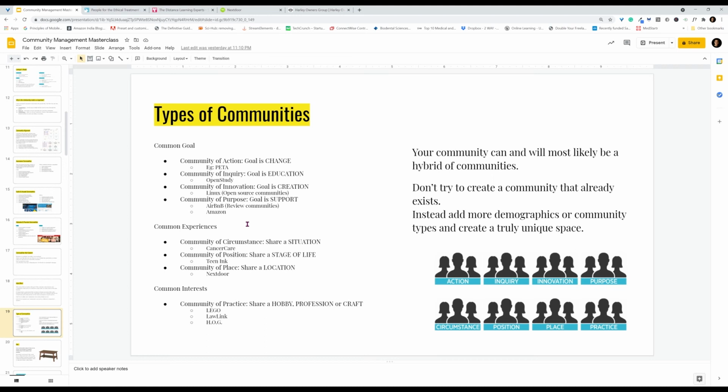Rather, find a niche, find a differentiator, add some more people into it or reduce some people, create something that is truly unique about your community, right? So these are the different types of communities: those based on action, inquiry, innovation, purpose, circumstance, position, place, and finally practice.